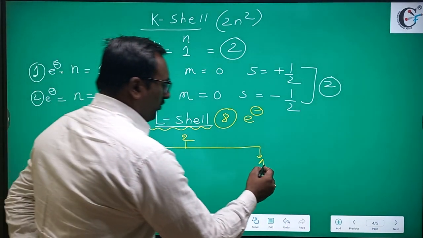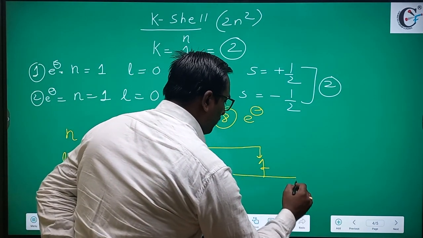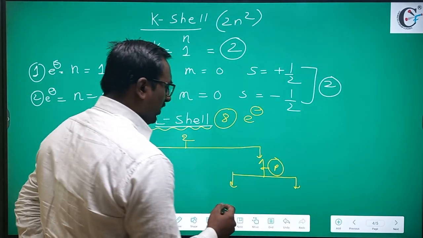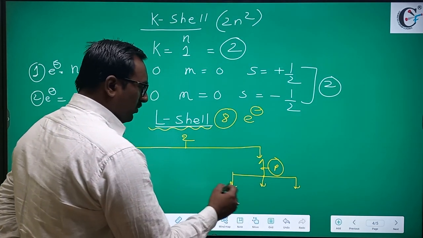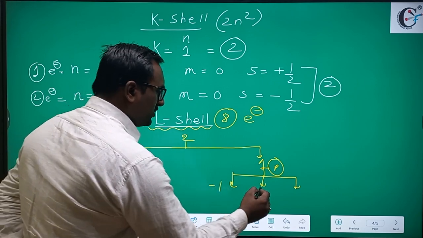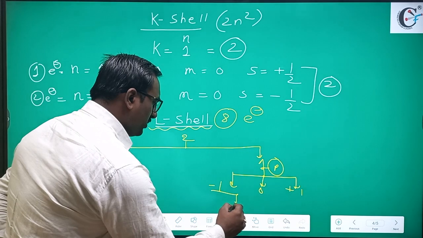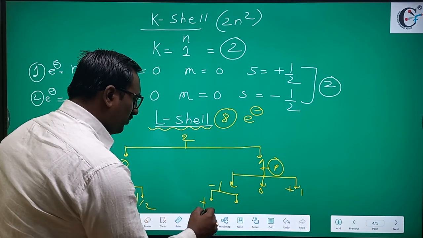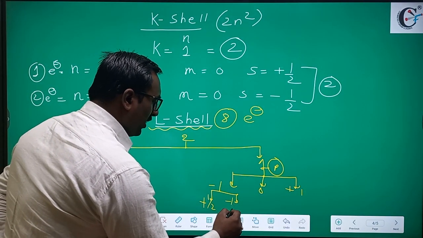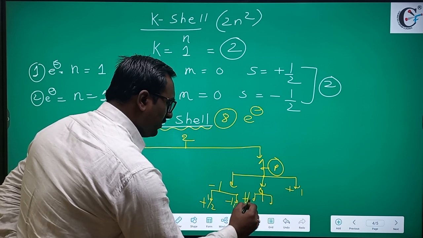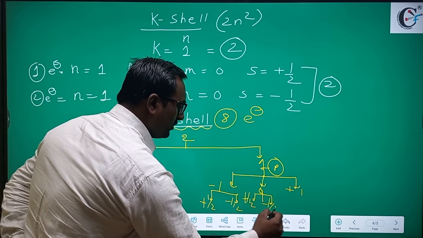Now we have l is equal to 1. It means that it is p orbital, and we have 3 magnetic quantum components, minus 1, 0, plus 1. Each orientation carries 2 electrons with plus half spin and minus half spin.